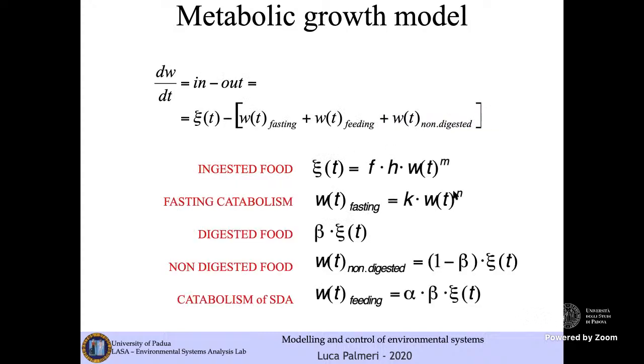If we put all these things together, we start from our model, variation in time of the weight of the animal: what goes in minus what goes out, energy consumption, so energy conservation, continuity equation, balance.